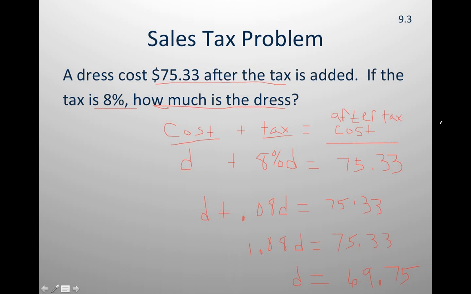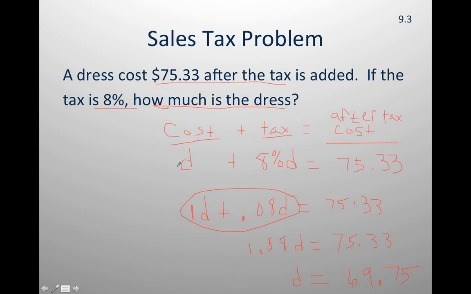Okay, I got a question. Oh, the 1.08, sure. The 1.08 came from right here. The D is really 1D. If I take $1 and I add 8 cents to it, that gives me $1.08. So that's the language of algebra.